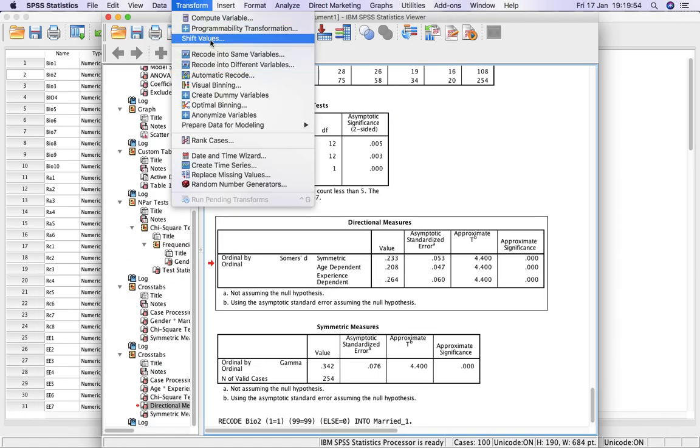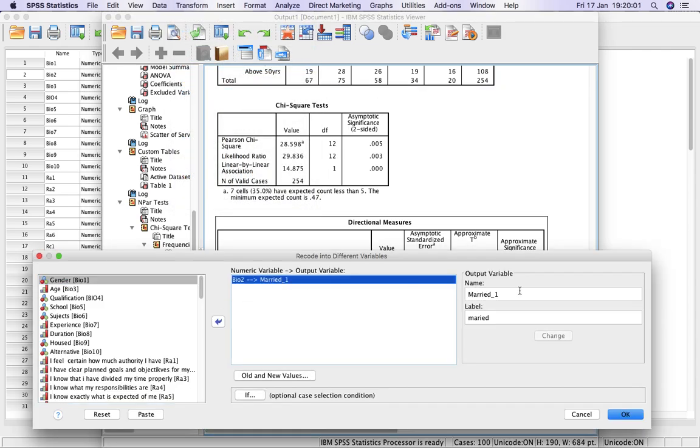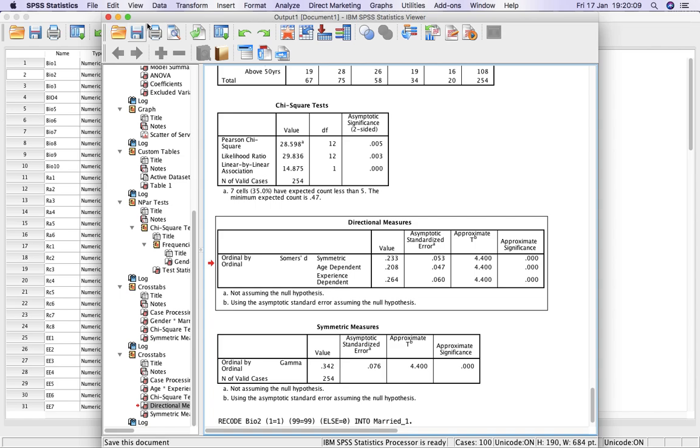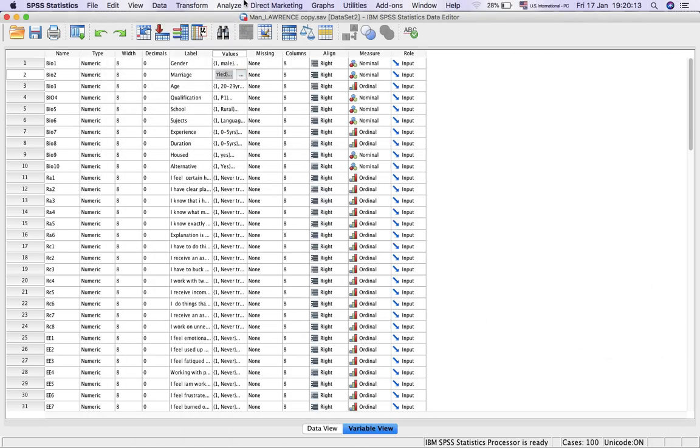Then you also create a dummy variable for the same. Number 2 was single, number 3 separated.